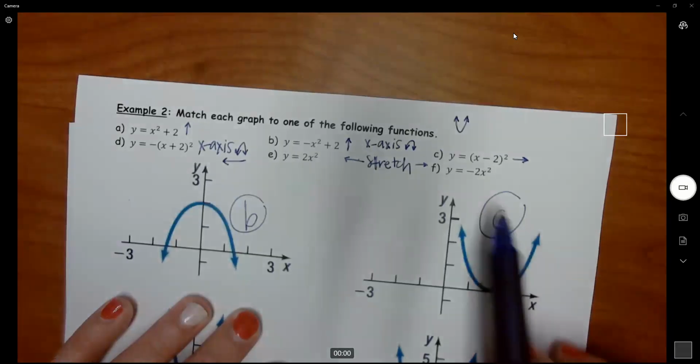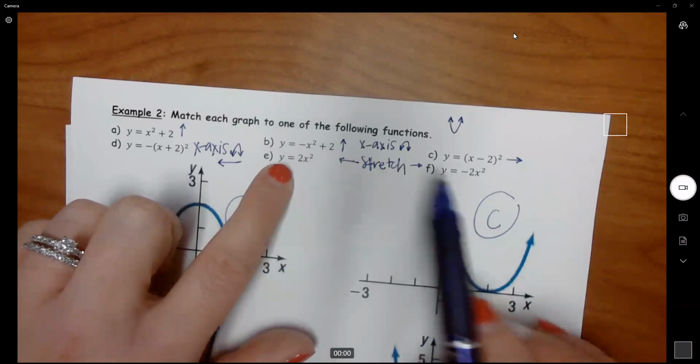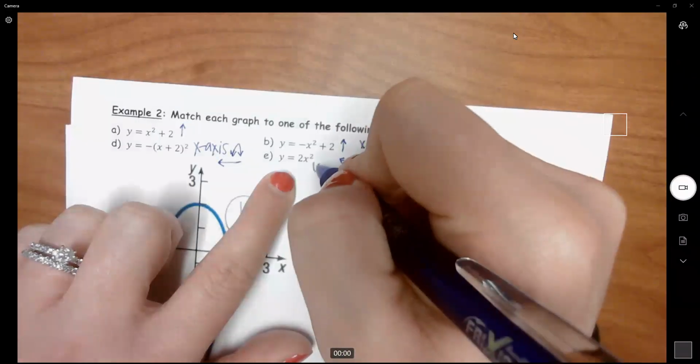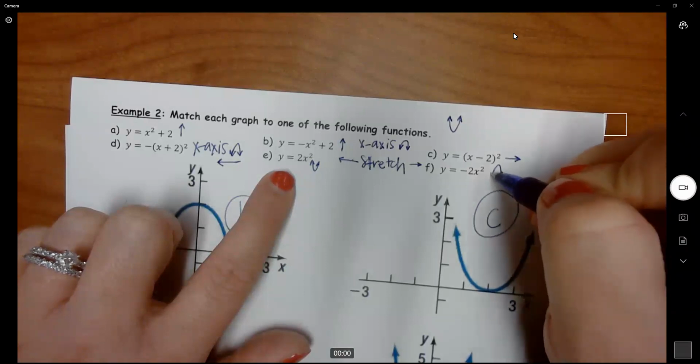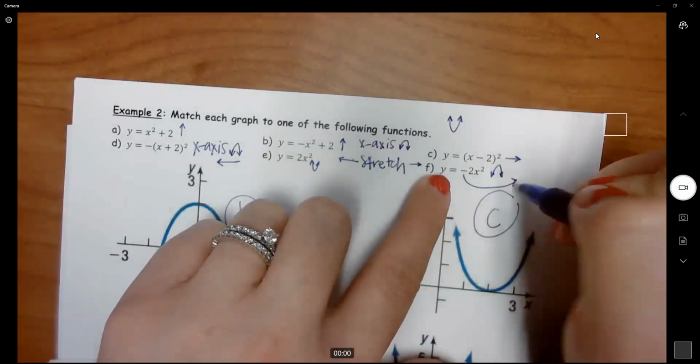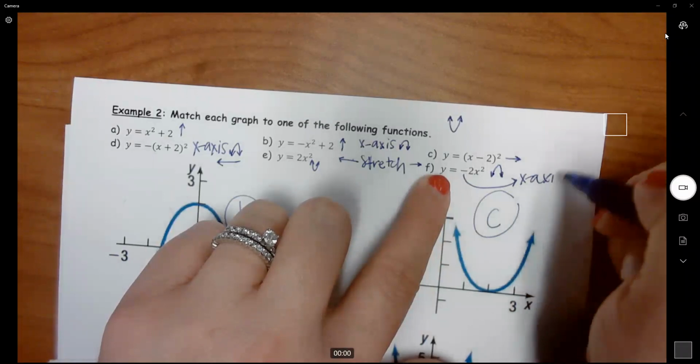Then the difference is this negative out front. This one doesn't have a negative, so it's going to be the right way up. This one's going to be upside down again because that negative means x-axis reflection.